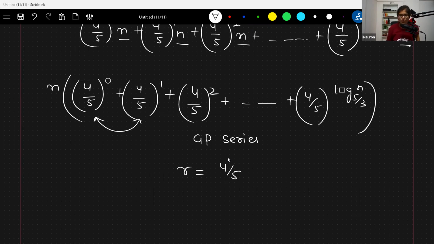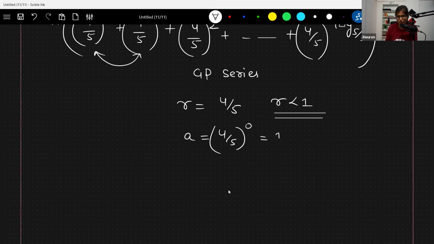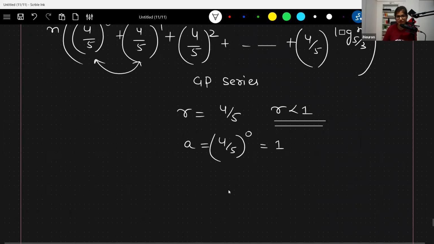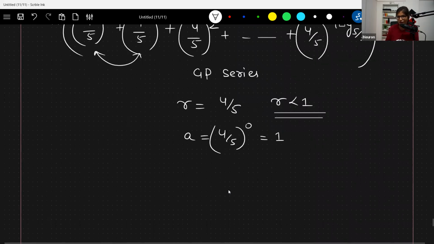What is the value of a? So here the value of r is less than 1. What is the value of a? It is (4/5)^0, which equals 1. Now, what is the sum of a GP series when the value of r is less than 1?